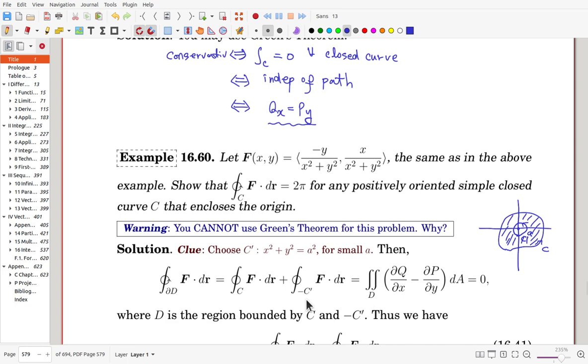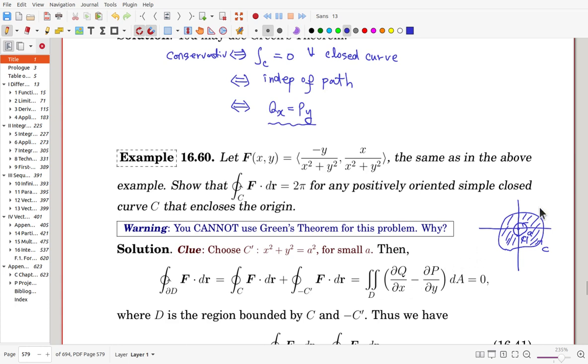We have to consider the reverse directional integration. So these two will be the boundary of the region: one is C, the other one is C minus C prime.